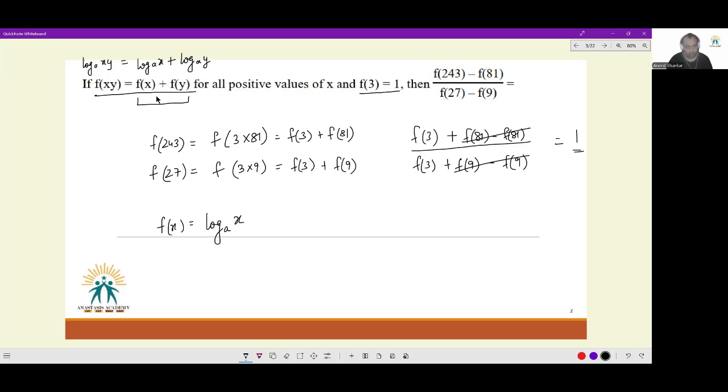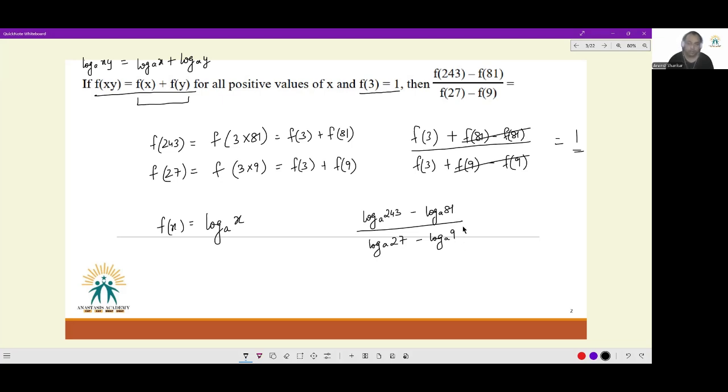This relation holds. With this knowledge in mind, we can also go ahead and reconfigure these terms, which would give us log_a 243 minus log_a 81 by log_a 27 minus log_a 9.